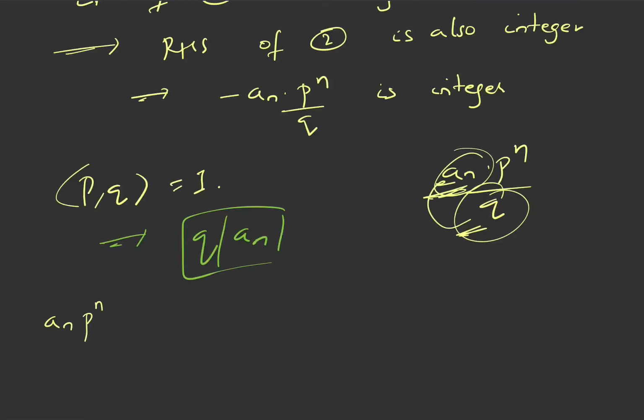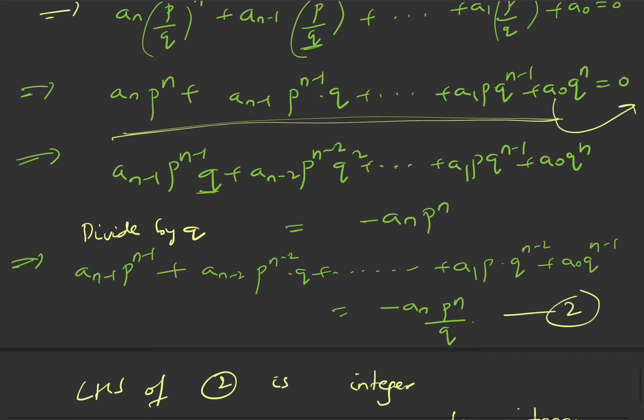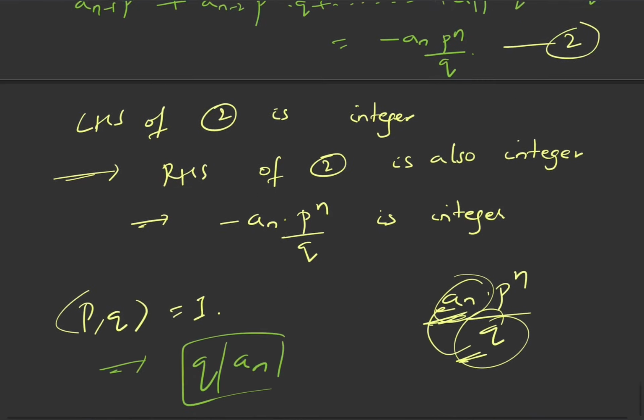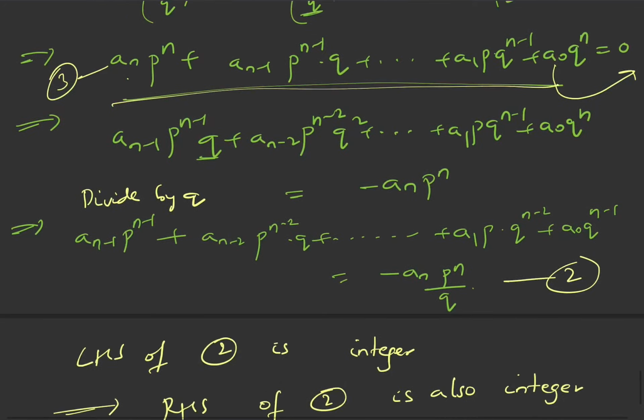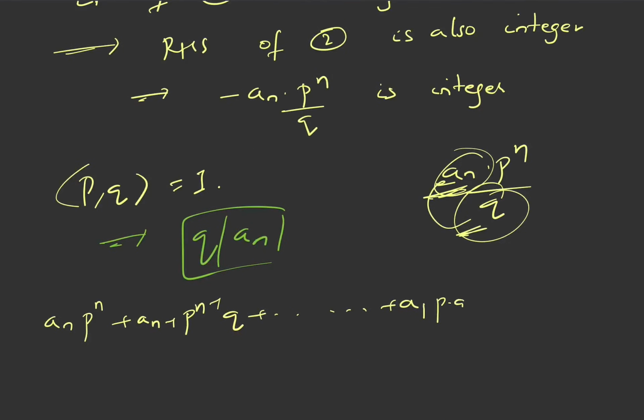So I will get an into p power n plus an minus 1 p power n minus 1 q plus so on, plus a1 into p into q power n minus 1 is equal to minus a naught into q power n. Let us call this equation 3.